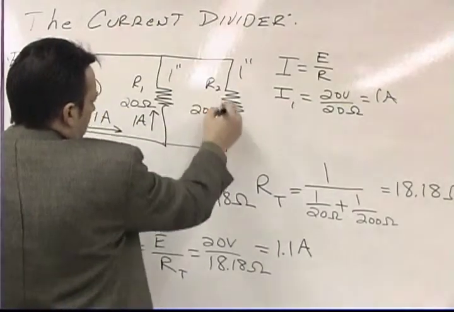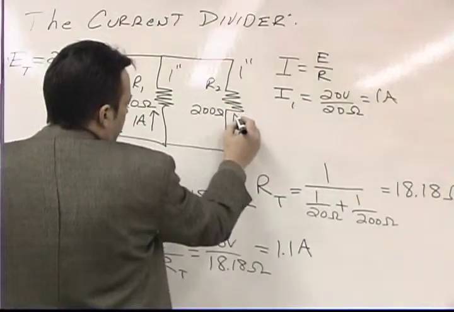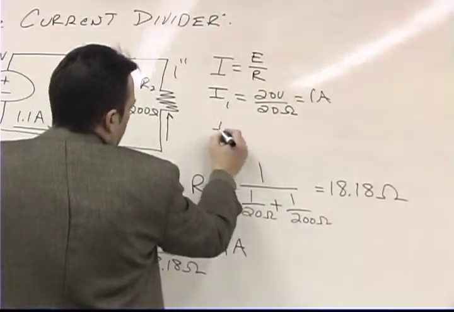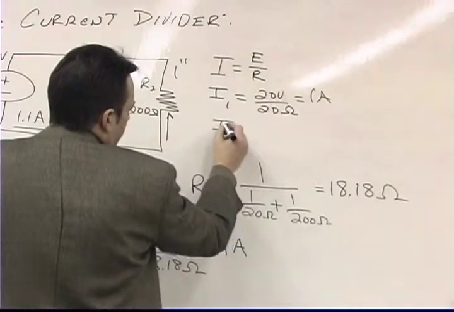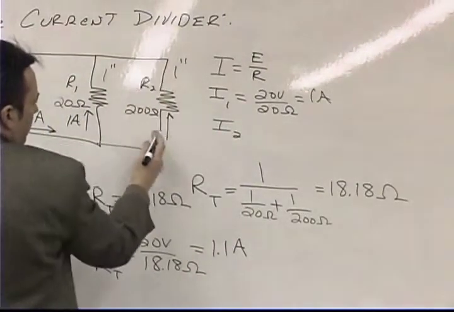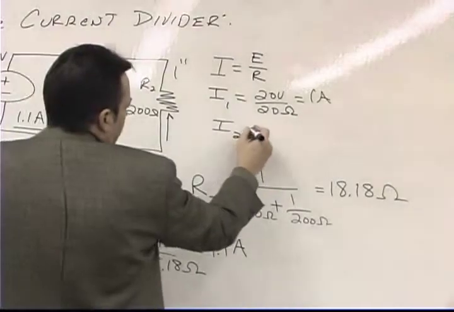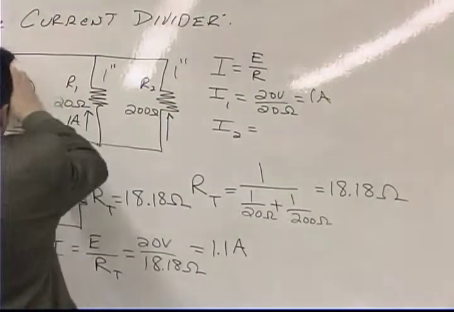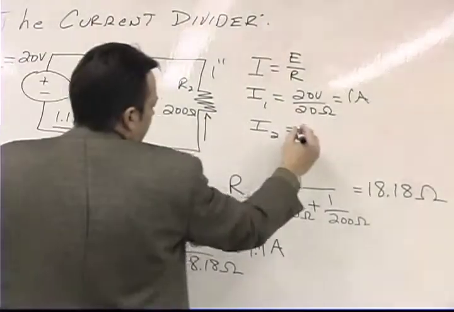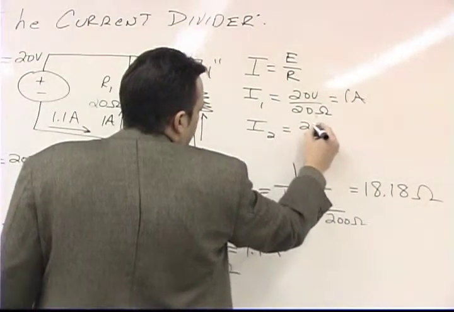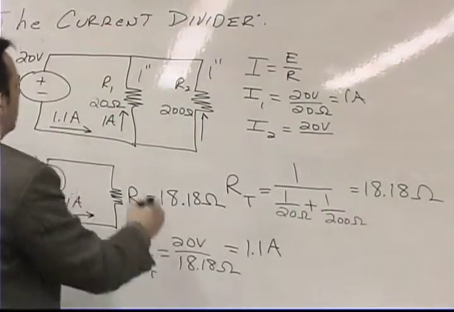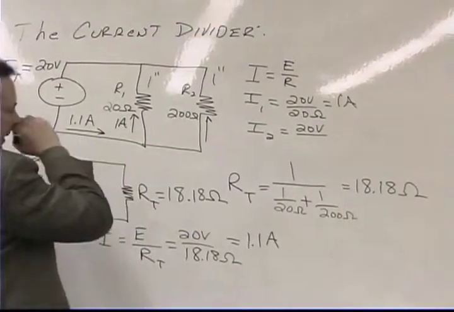For the current that's flowing in this branch of the circuit right here, we're going to use the same formula, but a different subscript. The current flowing in branch number 2 is equal to the voltage across this branch. And is it going to be 20 volts? Of course, it's going to be 20 volts. And which law tells us that? Kirchhoff's voltage law. Right. Kirchhoff's voltage law tells us that.